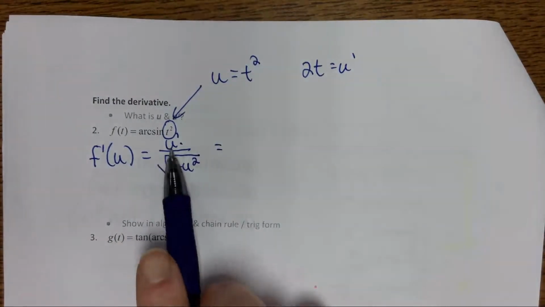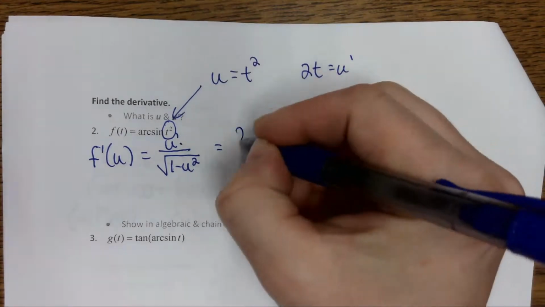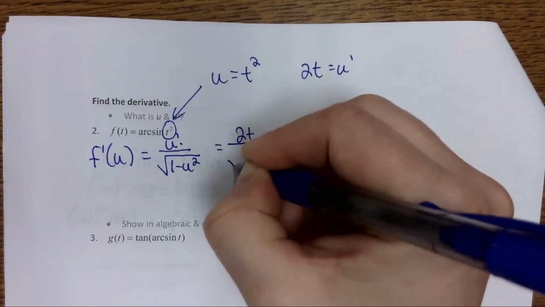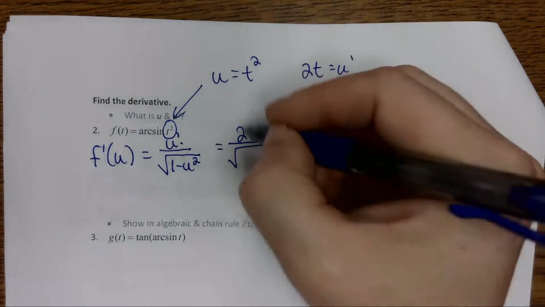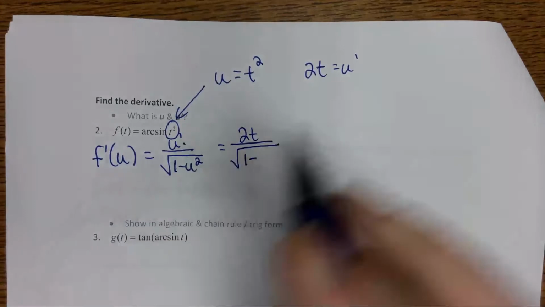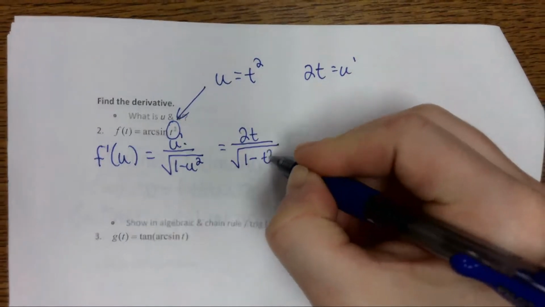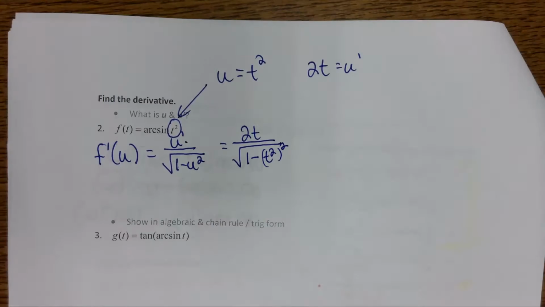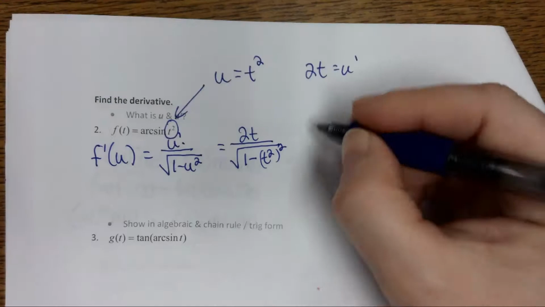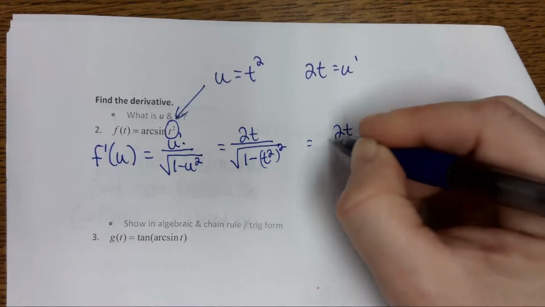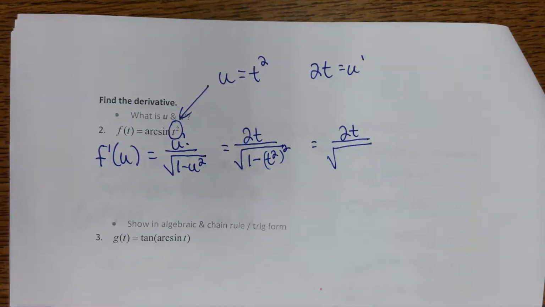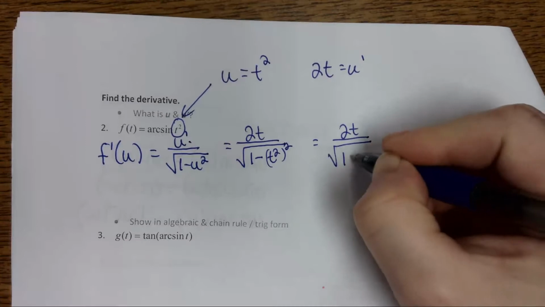What was our u prime? It's 2t. On the bottom is 1 minus u squared. So that's 1 minus t squared, squared. What's another way of writing that? 1 minus t to the fourth.